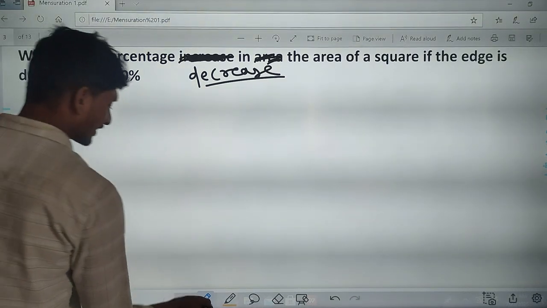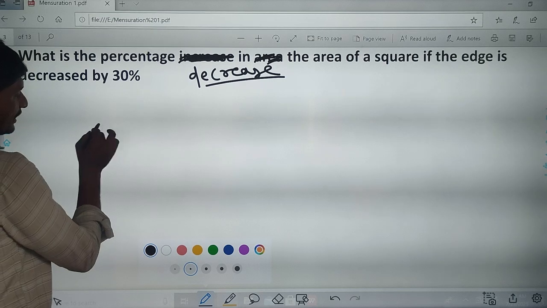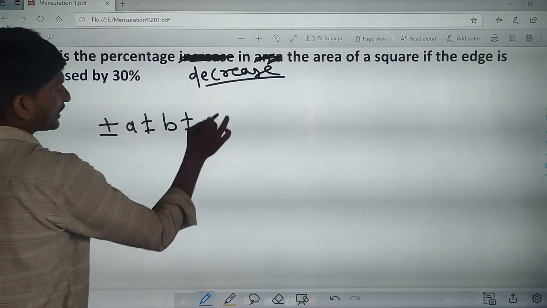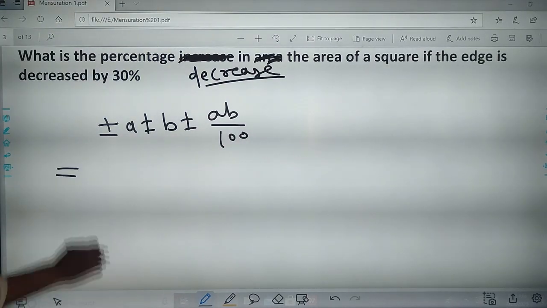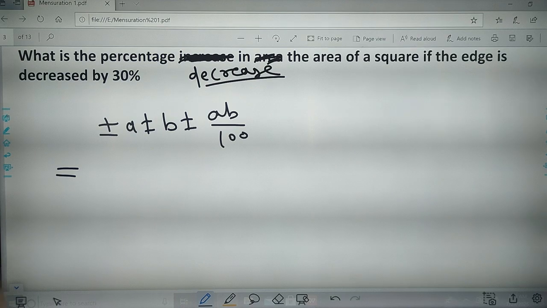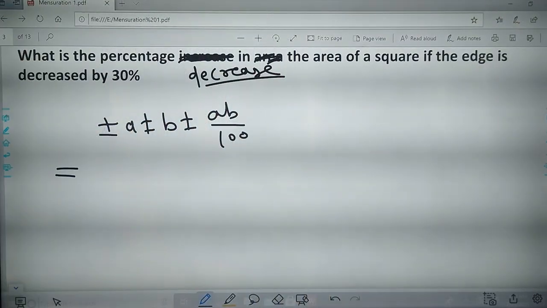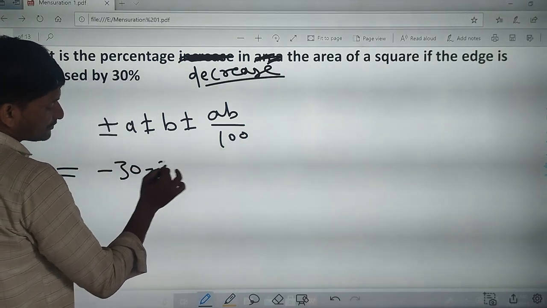Here, decrease. If the edge is decreased by 30%, then we use the formula A plus B plus AB divided by 100. Now here the edge is decreased by 30%, so A is minus 30 and B is minus 30.